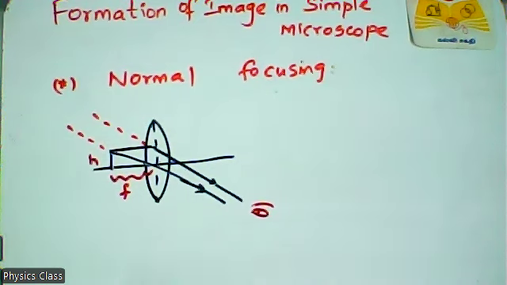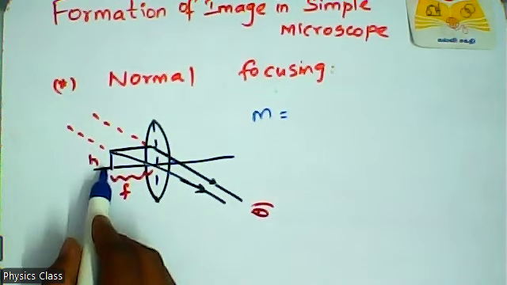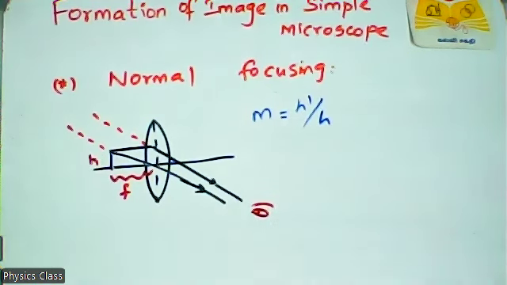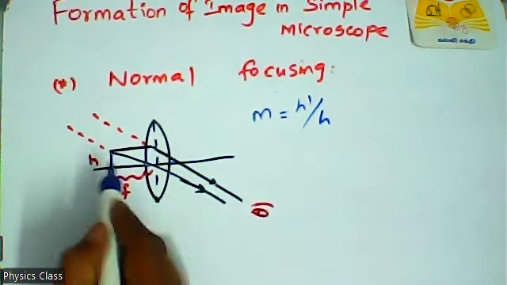In this case, to find the magnification m, we take the height of the object and the height of the image, that means h dash by h. H dash means the height of the image, and h means the height of the object.